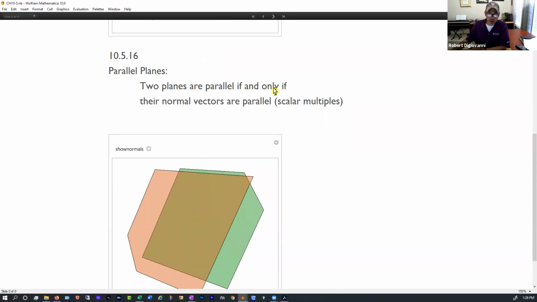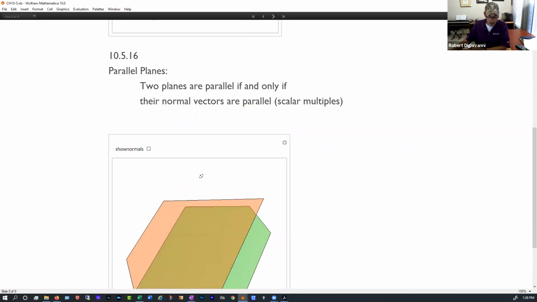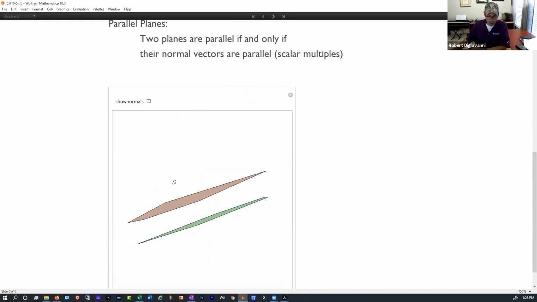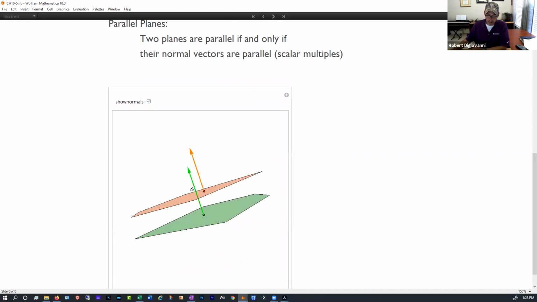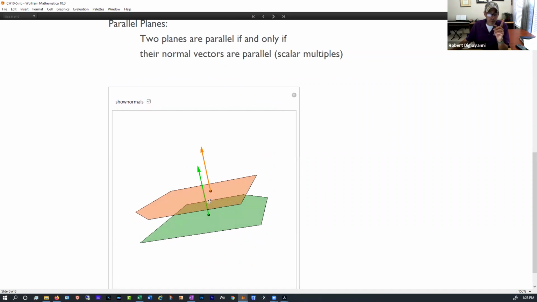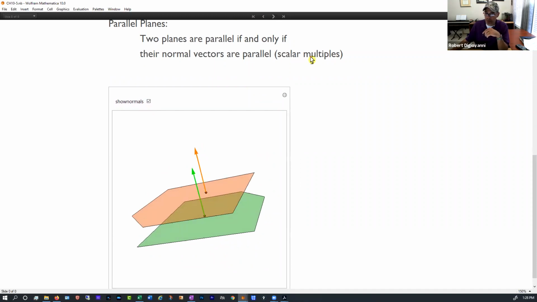Two planes are parallel if and only if their normal vectors are parallel. So the only way you can have two planes that are parallel to one another is if their normal vectors are also parallel. And parallel, remember, means scalar multiples. That's all it means to be parallel vectors.